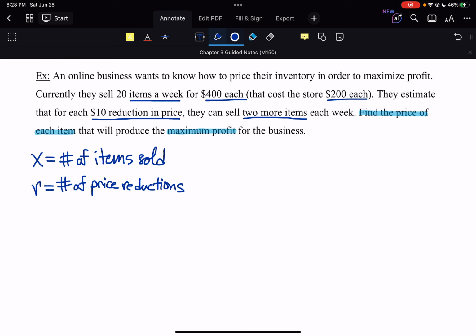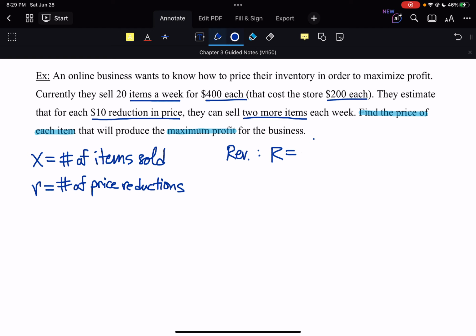Now, if we want to get profit, remember profit is revenue minus cost. So it's the amount coming in that you're making minus the amount of money going out that you're spending. So we're going to need revenue. So revenue, that's going to be R equals price times quantity.